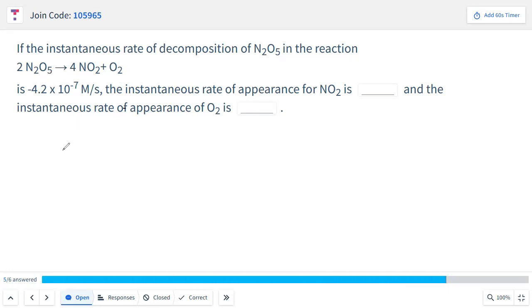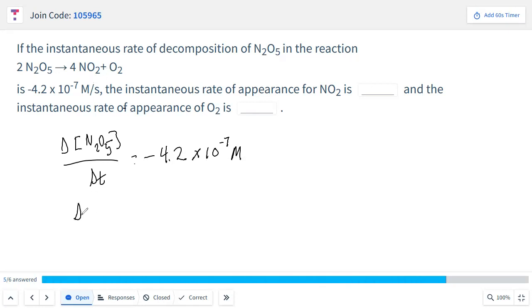So the rate of change for the dinitrogen pentoxide over time was negative 4.2 times 10 to the negative 7th molar.